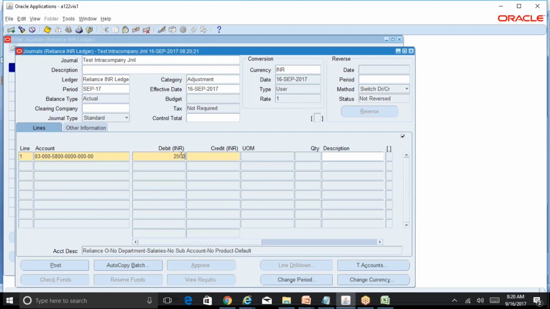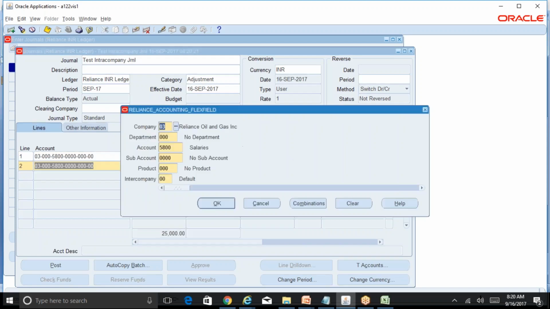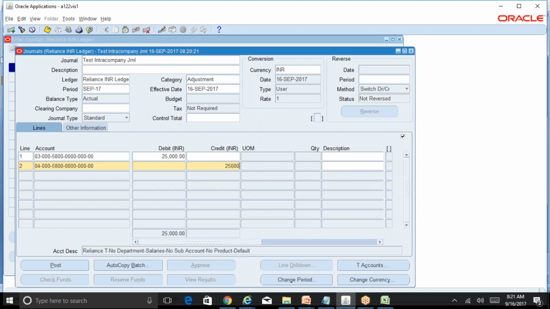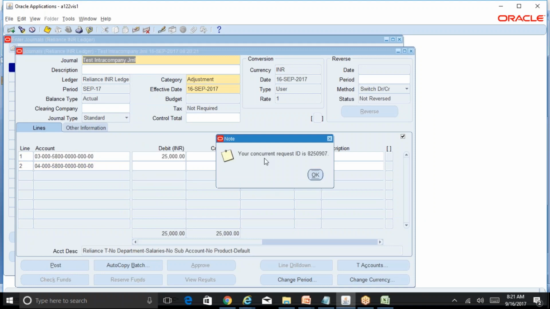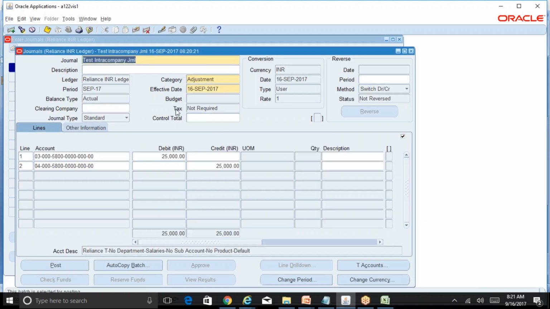Say 25,000 rupees. And then we can do Shift F5, which will copy the value from the above row and then change it to 04. 25,000. Save this. Now click on post and let's see what will happen. Your concurrent request got triggered, and now view request.